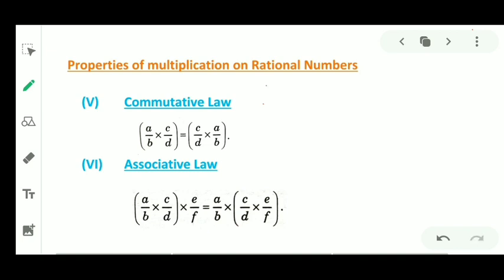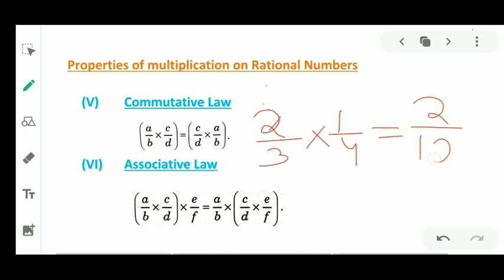First, commutative law. Commutative law means if you multiply, for example, 2 by 3 and 1 by 4 in this manner, we get 2 by 12.